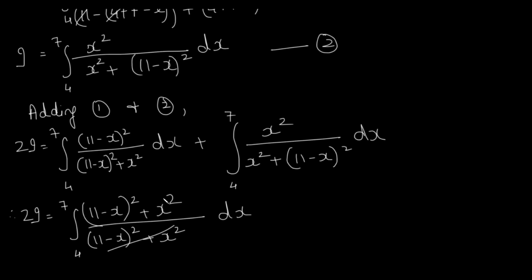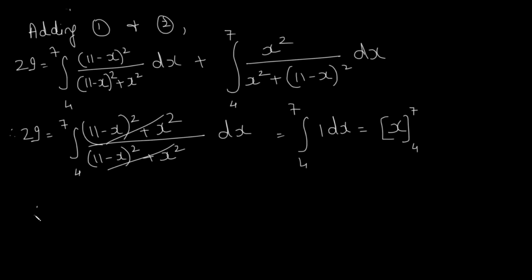And now we cancel out the numerator and the denominator, and thus we get integral 4 to 7 1 dx. Upon solving it, we are going to get x from 4 to 7, and therefore 2I becomes, now applying the upper limit and the lower limit, 7 minus 4, which is 3, and therefore I is equal to 3 upon 2. That means the statement which they gave us is true.